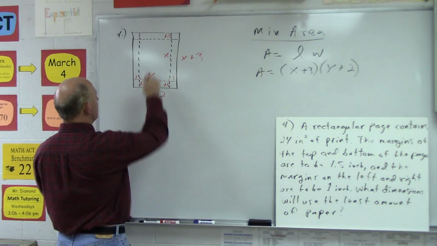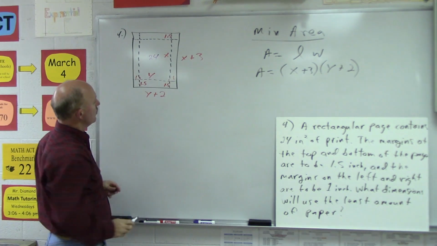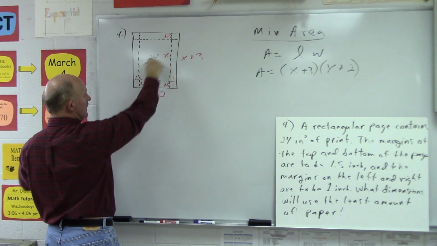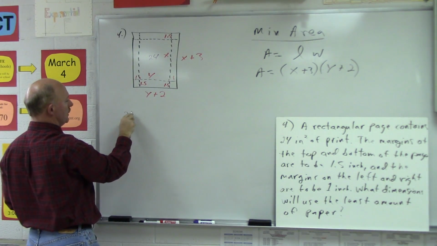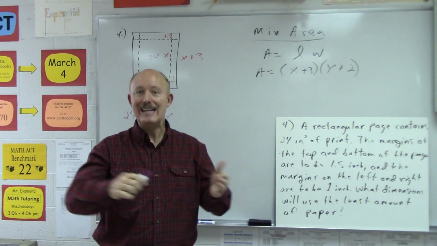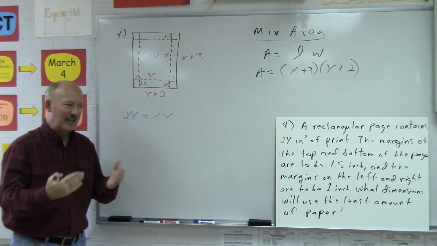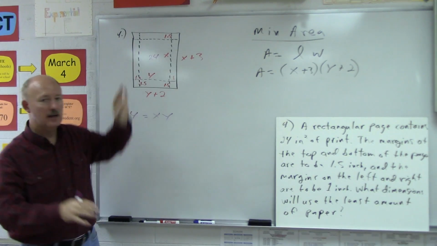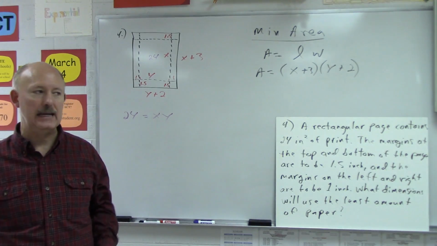The area of the center region, just the print, would be 24 equals x times y. So our constraint equation, or our secondary equation, would be 24 equals x times y. That would be the area of the print in the middle of the page.